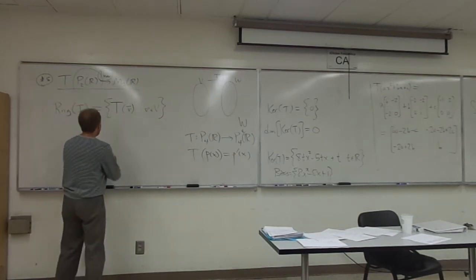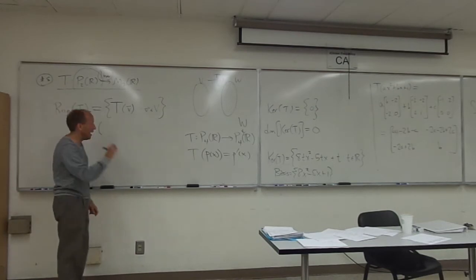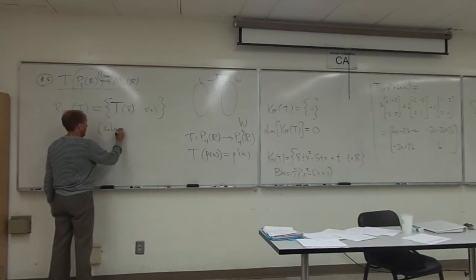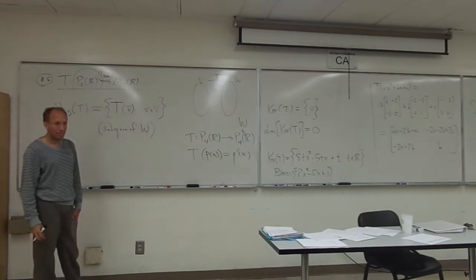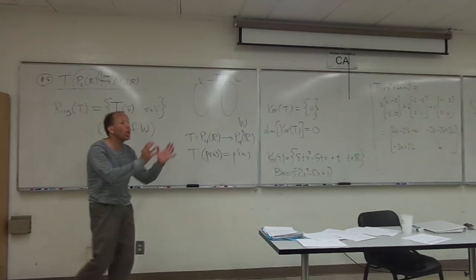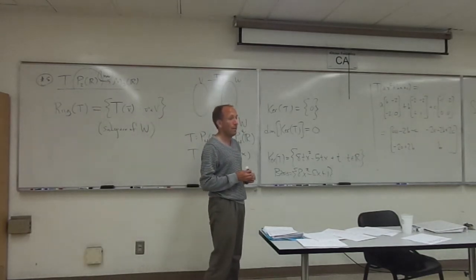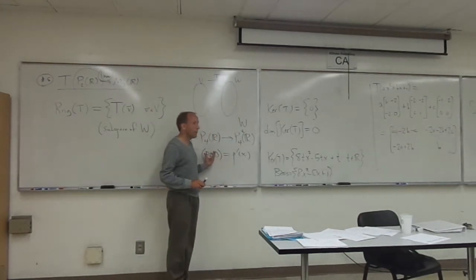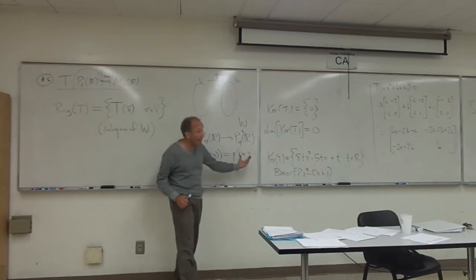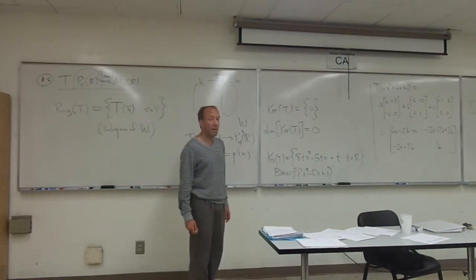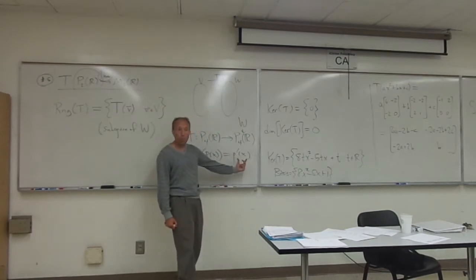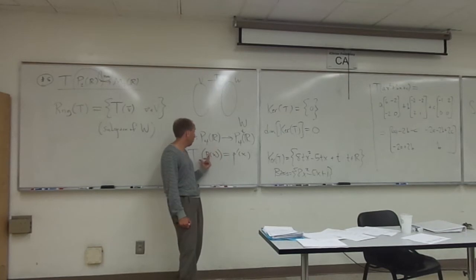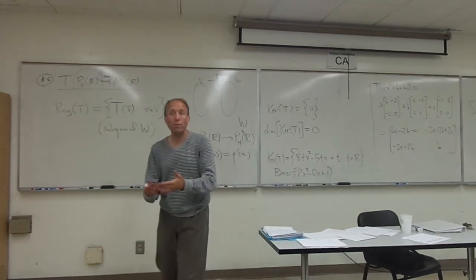And it turns out that this is a subspace of W. And it may or may not be all of W. Pretty clear here with this example that the range of this transformation is not all of W, because the possibilities for the derivative of a 4th degree polynomial are only going to be polynomials of degree 3 or less.